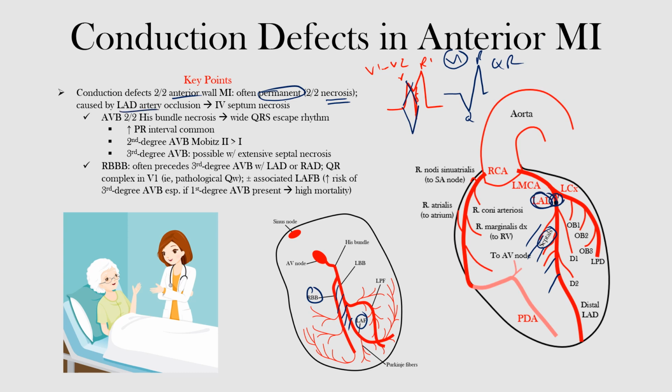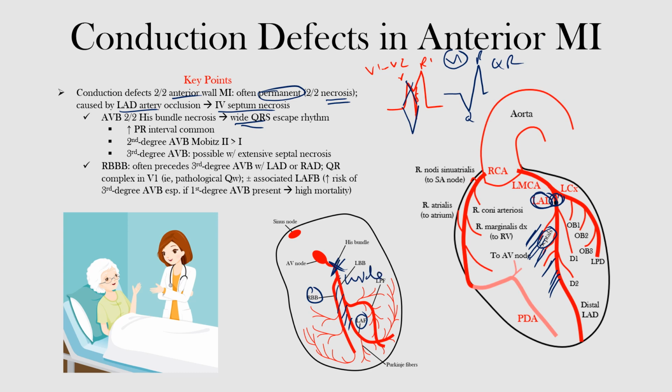You can see an occlusion there, and because of that, we get interventricular septal necrosis, right over our interventricular septum. We can get AV block secondary to His bundle necrosis, in which we can see these wide QRS complexes because it's originating below that bifurcation. So our His bundle is damaged in this case, so it would occur down here, and we'd get wide complexes occurring in that case.